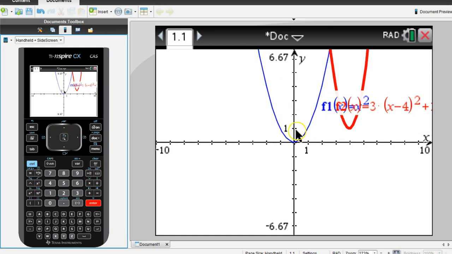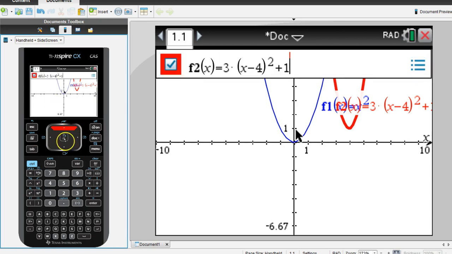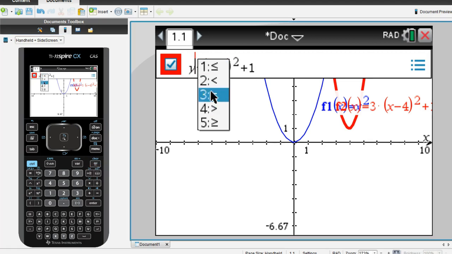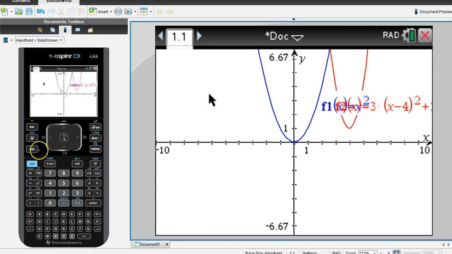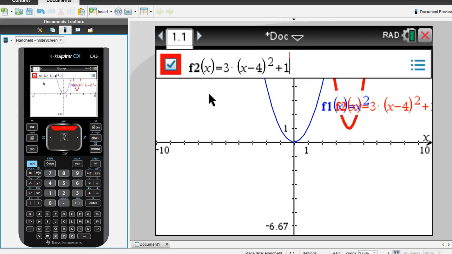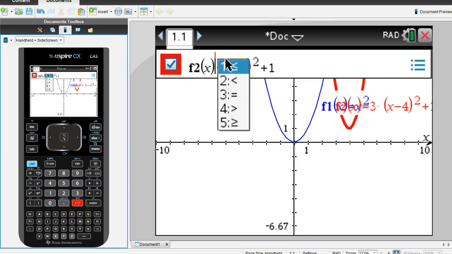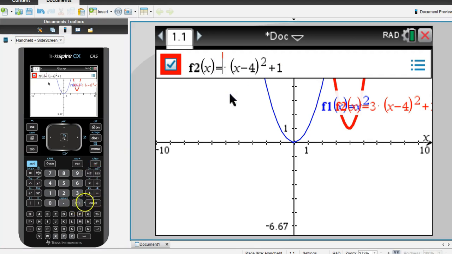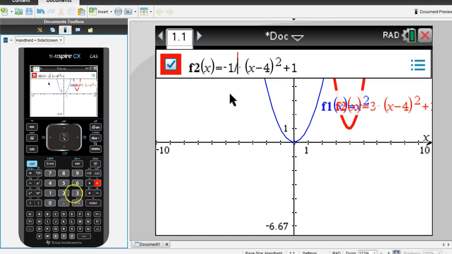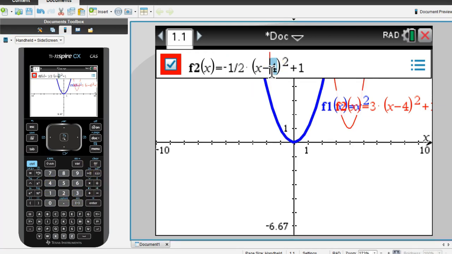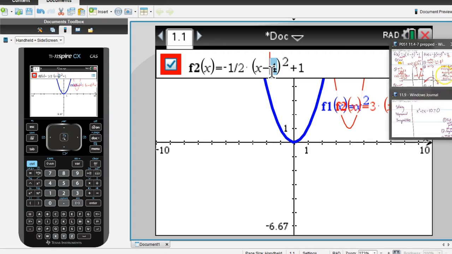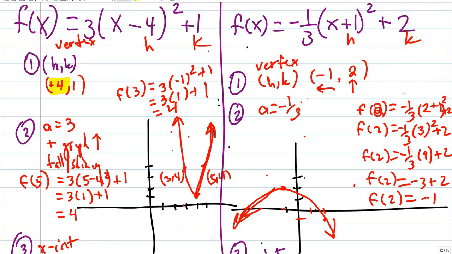Here's our parent graph. We had this one was, instead of a 3, it was a negative 1/2. And then we had, what was this again?